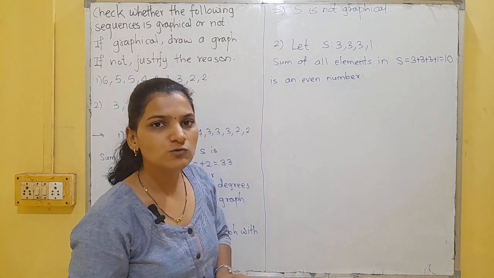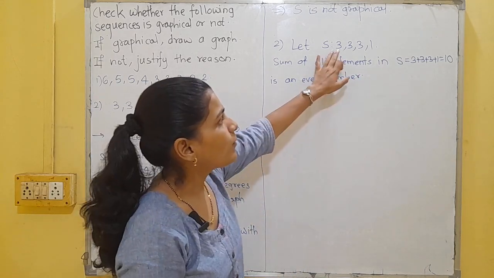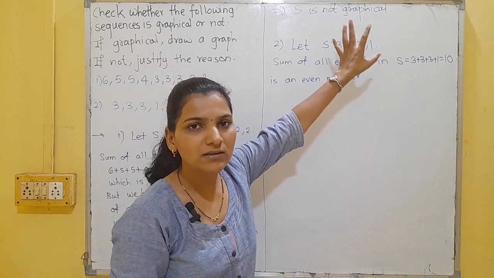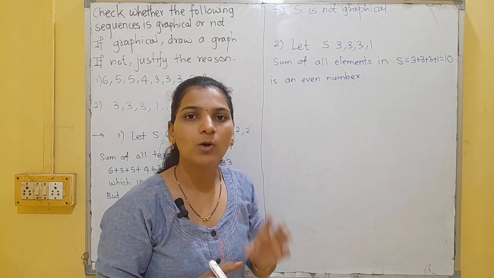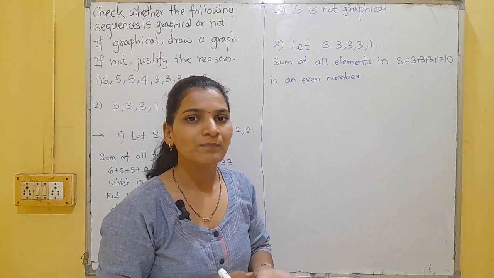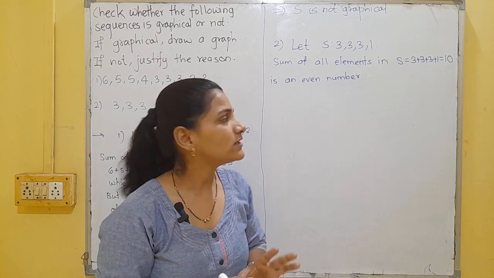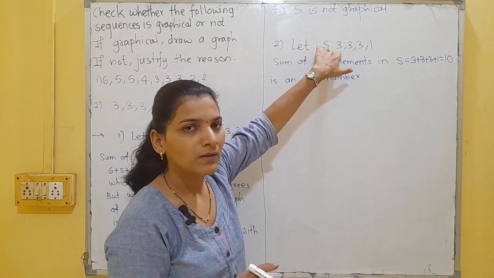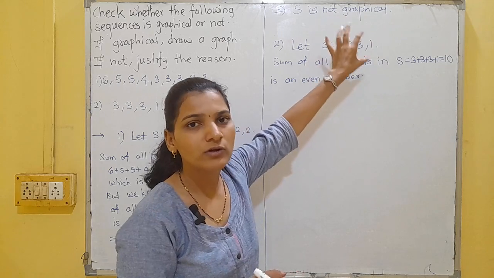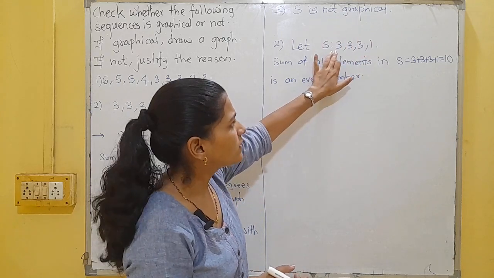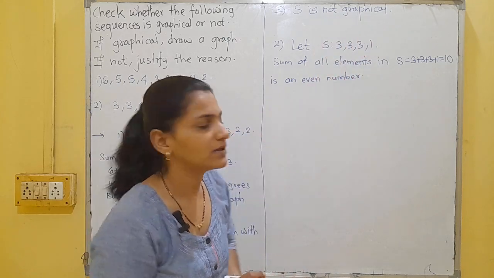The next step is to check whether the number of odd vertices in S is even or odd. If the number of odd terms in S is odd, then we can immediately conclude S is not graphical. But here the number of odd terms is 1, 2, 3, 4. All 4 terms are odd terms and 4 is an even number.